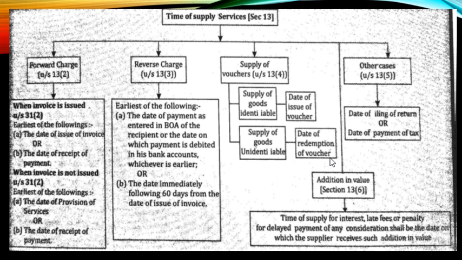For example, if the goods are to be supplied, the date of issuance is known. As I've already told, when we have a GST portal, the details of the goods which have been supplied by the supplier should be updated accordingly.